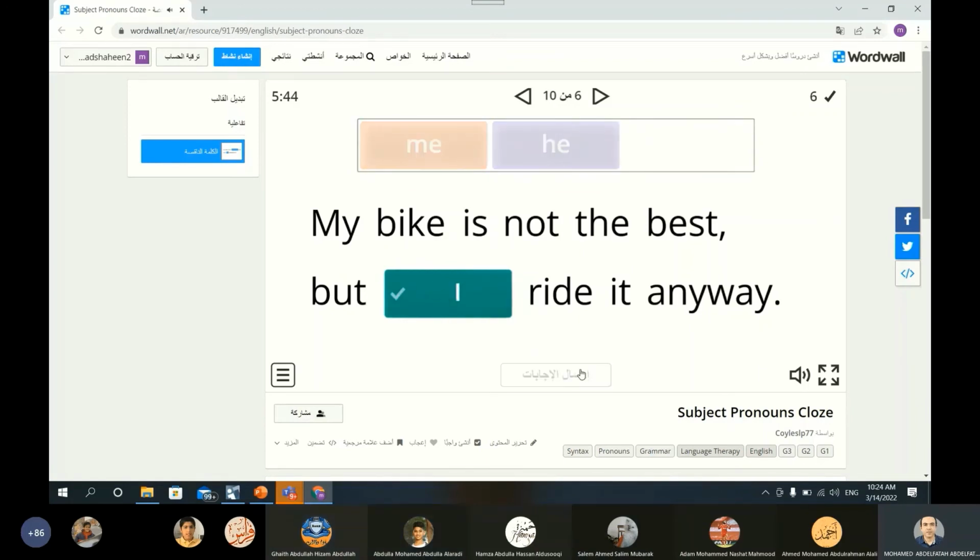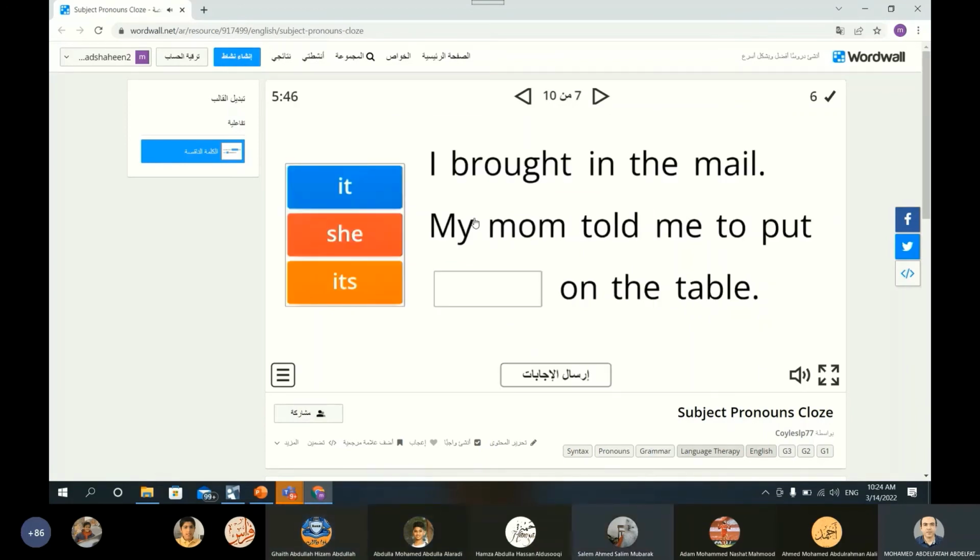Bravo. Number 7. I brought in the mail. What is mail, teacher? For example, a letter. The postman brought you the mail, and it's in front of the door, and your mom is asking, who brought in the mail? So the sentence is, I brought in the mail.